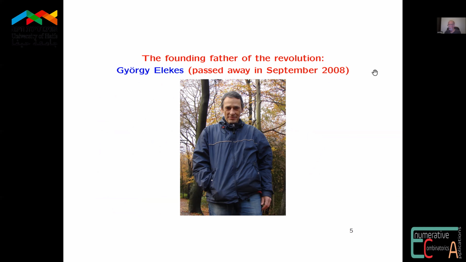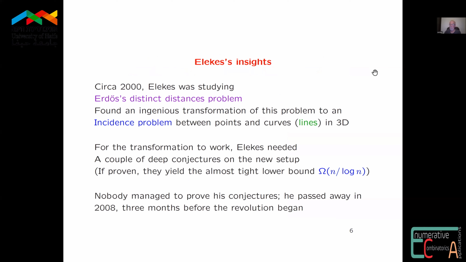And now I just want to give a tribute to a person that in a sense is behind all the developments, although he is not the official hero of the development. George Elekes, a Hungarian who passed away in 2008, only a few months before things started to get into action. He was thinking of the distinct distances problem and found a very ingenious transformation of this problem to an incidence problem between points and what turned out to be lines in 3 dimensions.